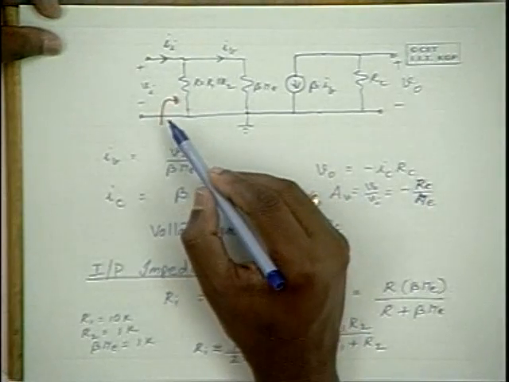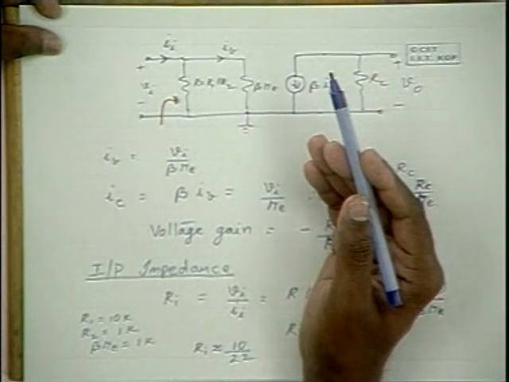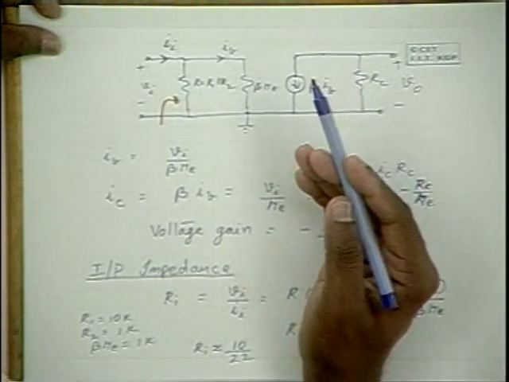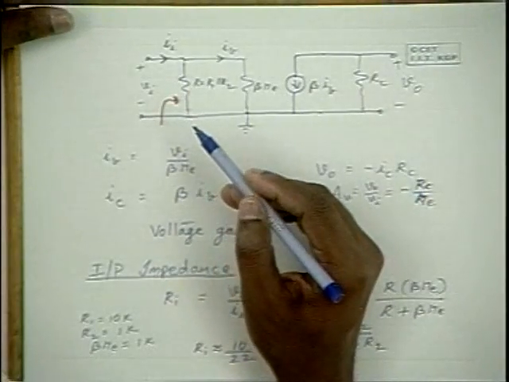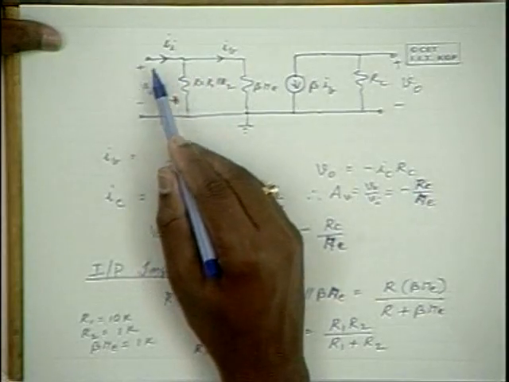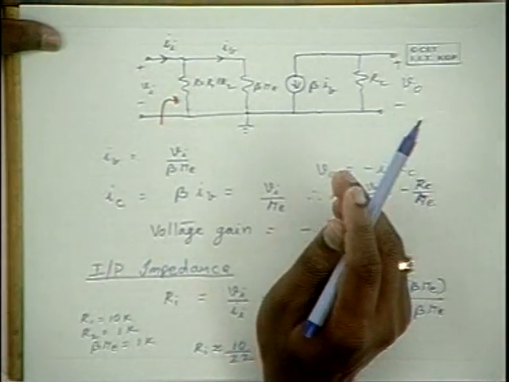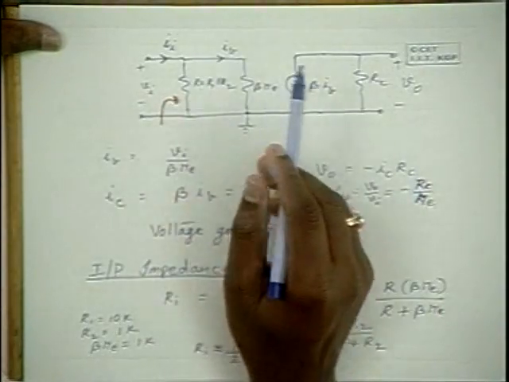And what is desirable? Do we prefer a large input impedance or small input impedance? For voltage gain, we expect large input impedance so that this circuit, the amplifier, doesn't load the supply.